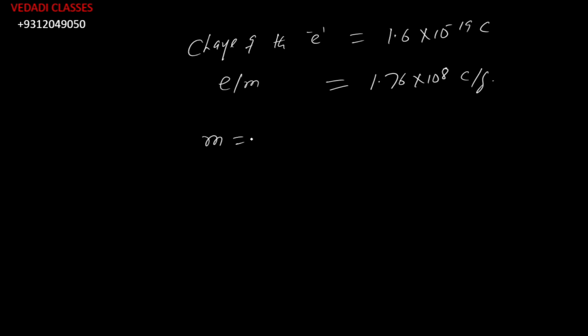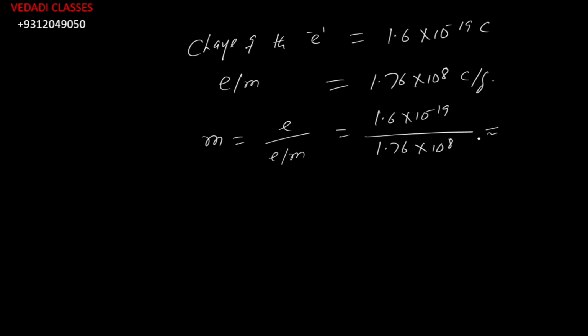So the mass equals charge upon charge by mass ratio: 1.6 × 10^-19 divided by 1.76 × 10^8. It will come to 9.11 × 10^-28 gram.